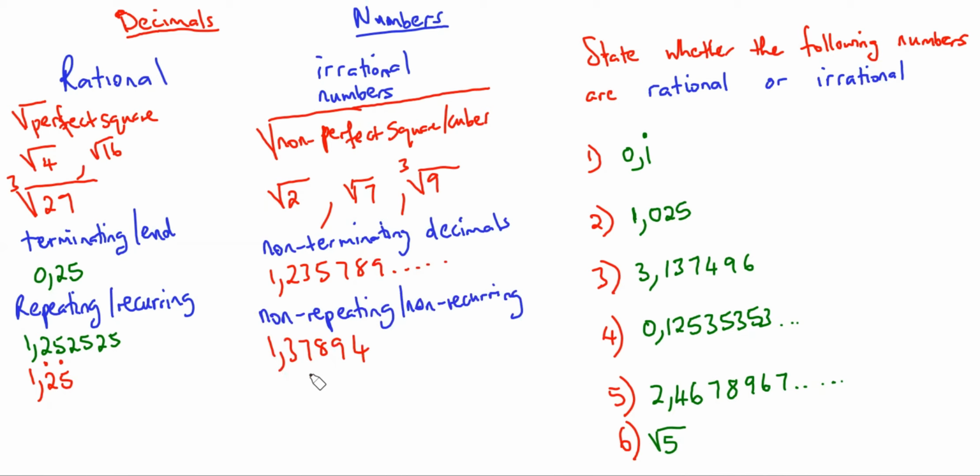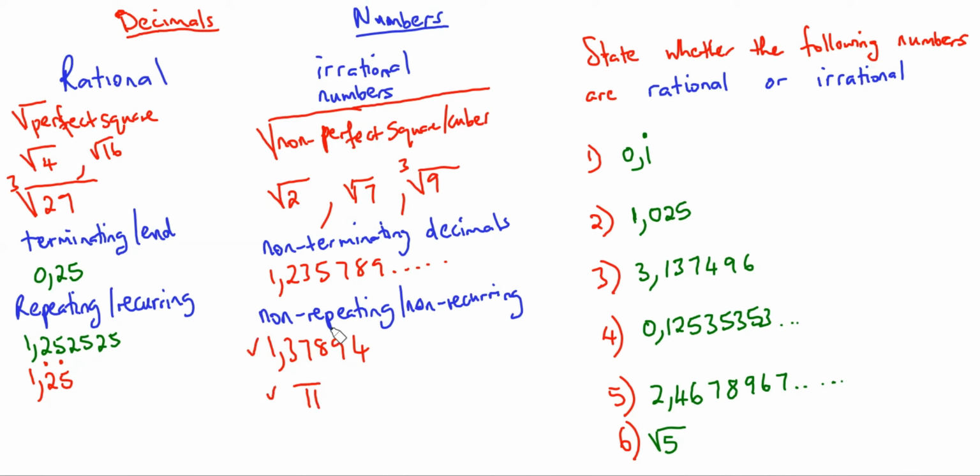In this case, we don't see any repeating, unlike what we had with 1.252525. Here we just have numbers that are not repeating, and we call those irrational numbers. Another thing again, pi is also another example of an irrational number.